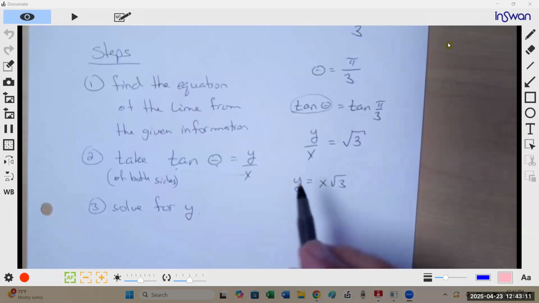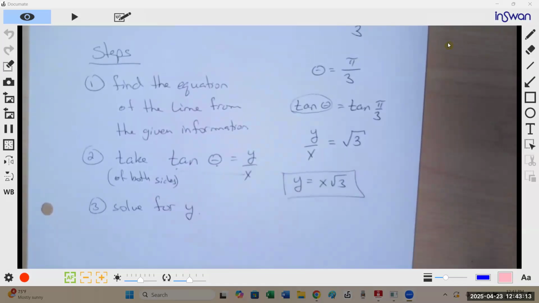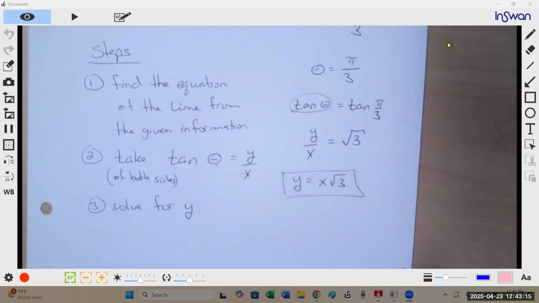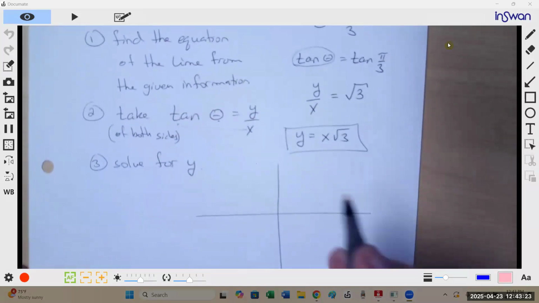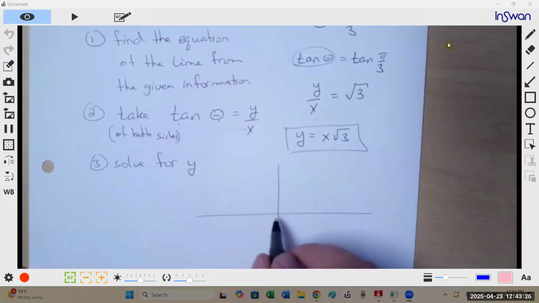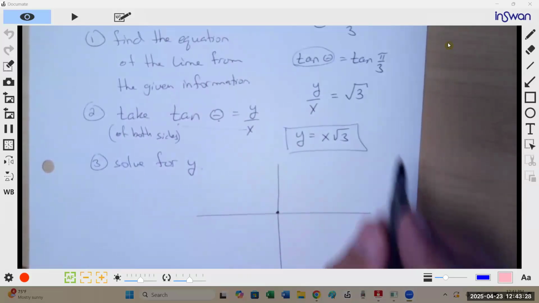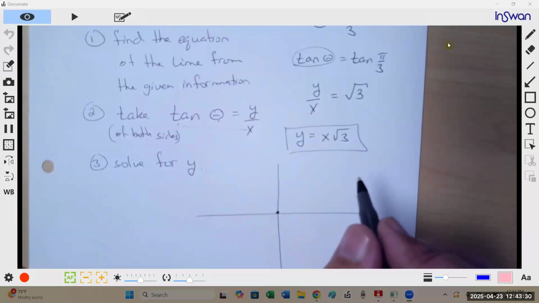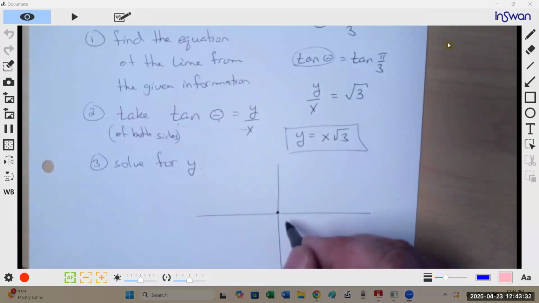So what is that graph going to look like? A linear equation goes through the origin, since there's no plus or minus to it. When x is 0, y is 0.